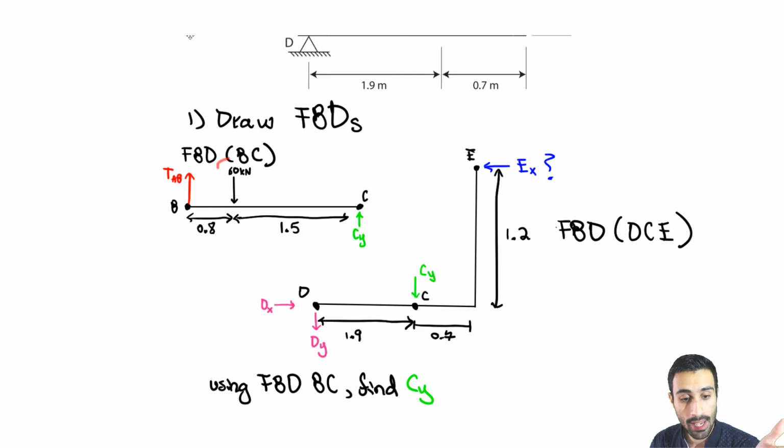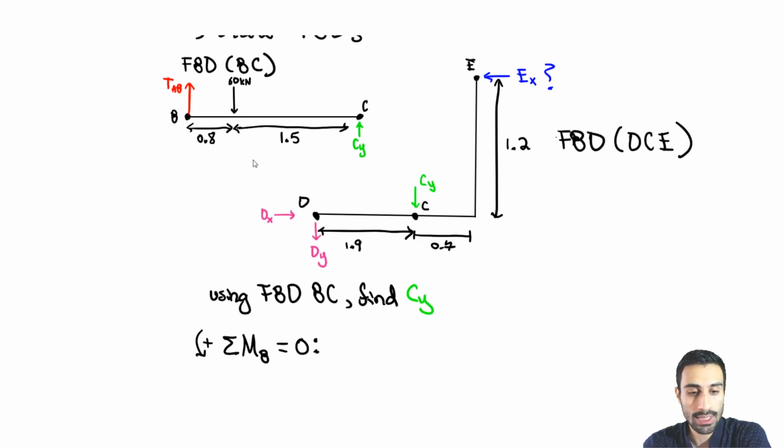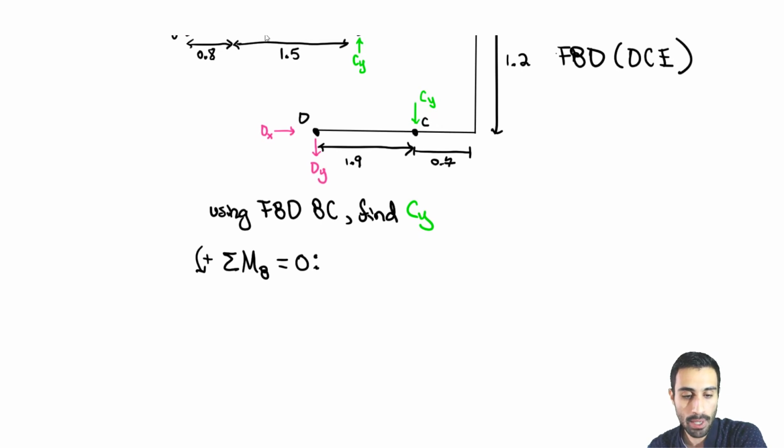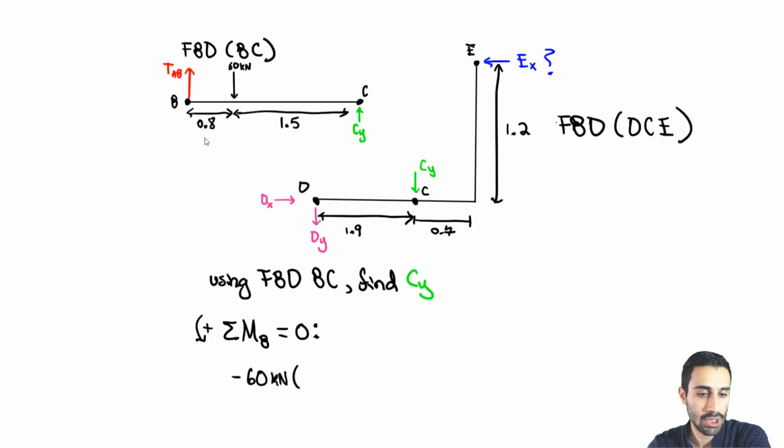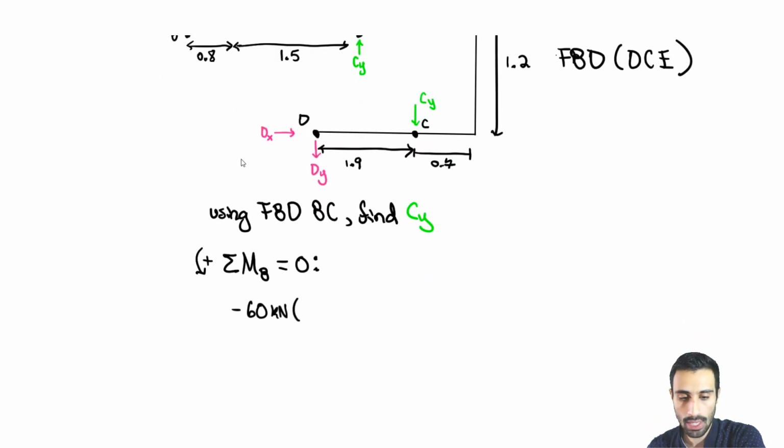And that would be what kind of rotation? It hits it down. It would cause rotation about that point B. It will be clockwise, so it will be negative. We have to keep that negative. So the moment about B due to that 60 kilonewtons is going to be negative 60, the negative is for clockwise rotation, kilonewtons, and the perpendicular distance is just simply 0.8 meters. So that is going to be that one.